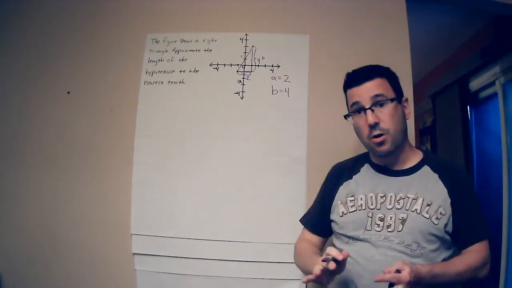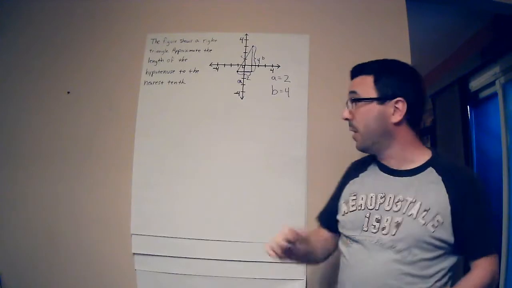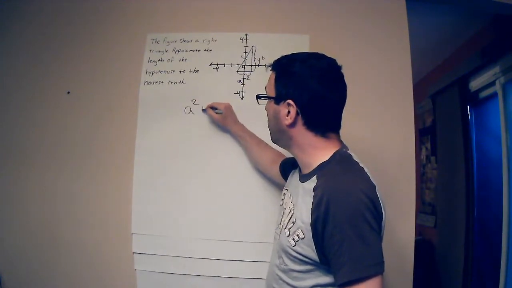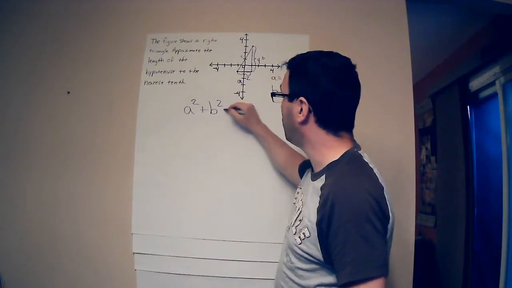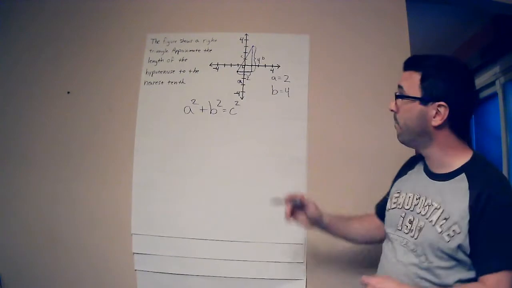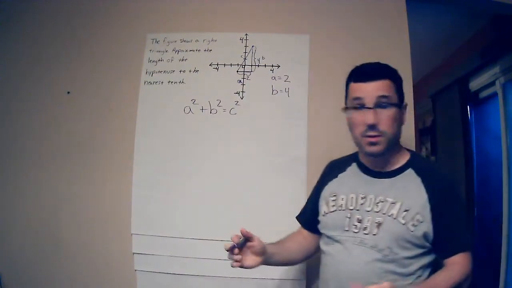As always, I'm going to start off by first writing the formula. So we have A squared plus B squared equals C squared. Okay? And I'm going to plug my numbers in.